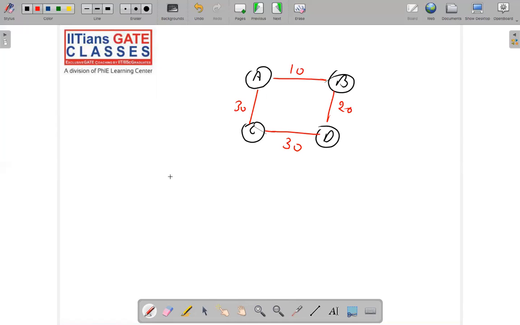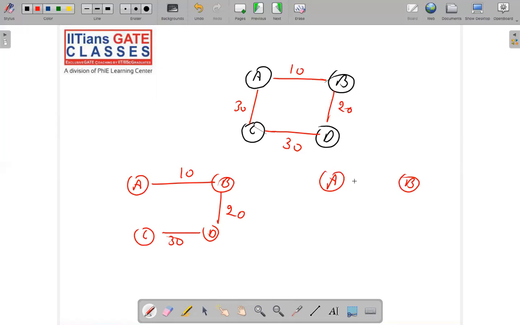Now, if you try to identify the minimum spanning tree, we will have two minimum spanning trees. One is this one. Another one is this one. See here that edge weights are repeating.